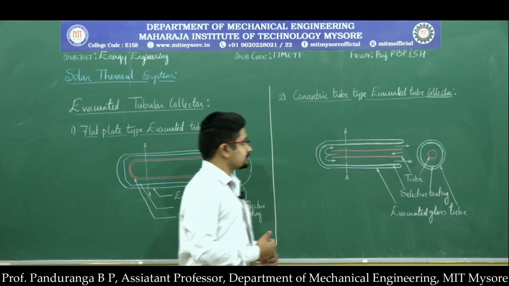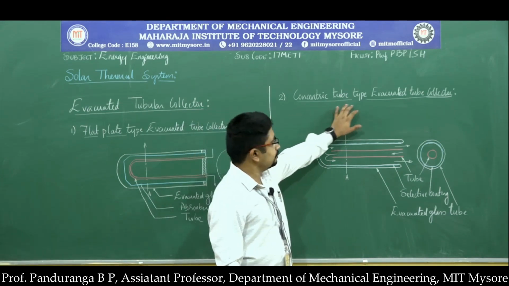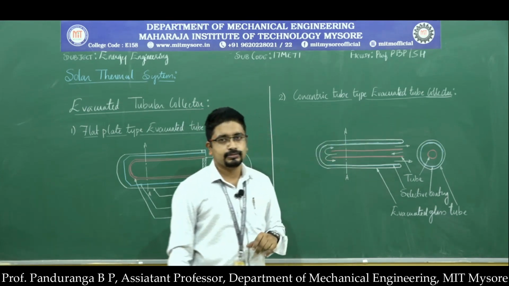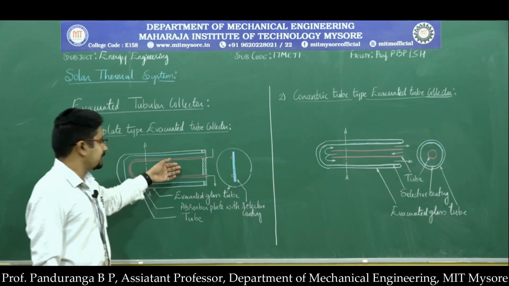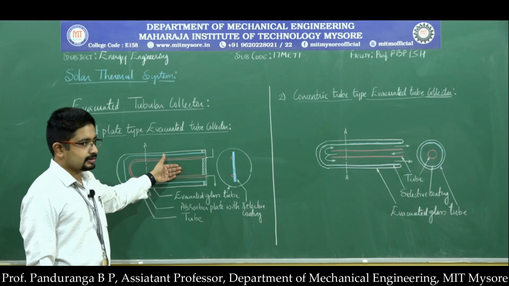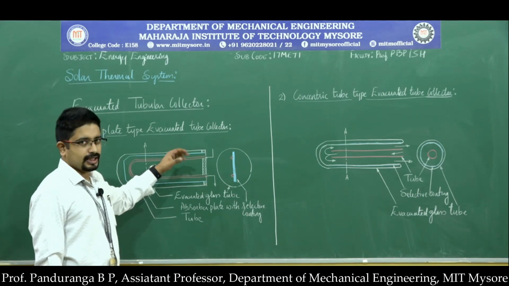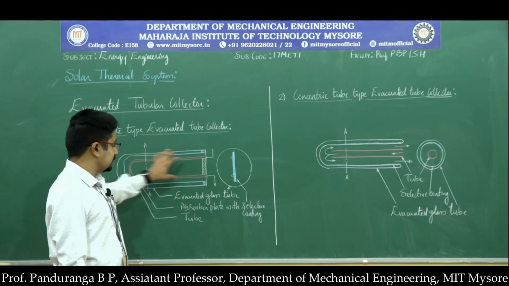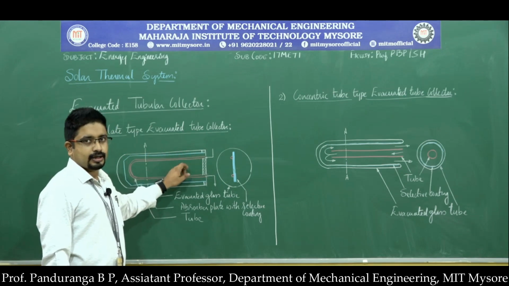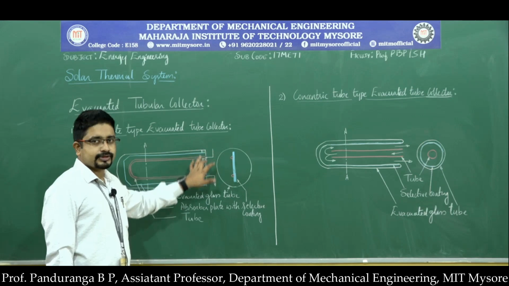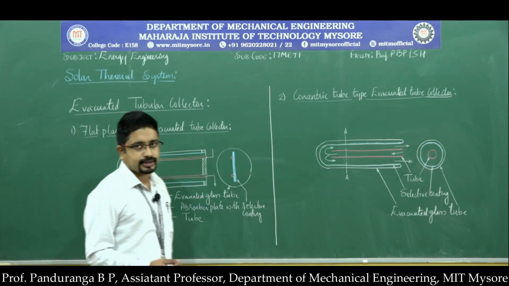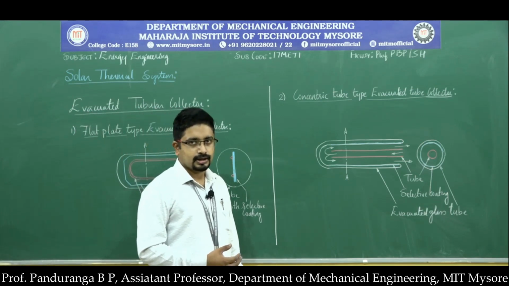We have another arrangement, the concentric tube evacuated tube collector. In this case, a module of a flat plate collector is inserted inside a large tube. Still there are places where there is physical contact, and from there the energy can be lost.